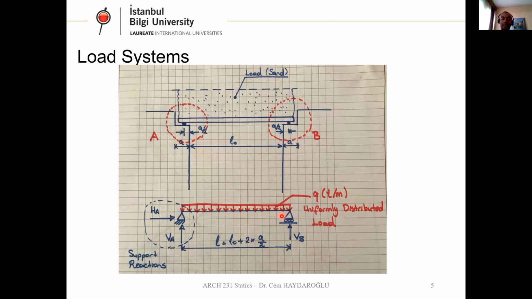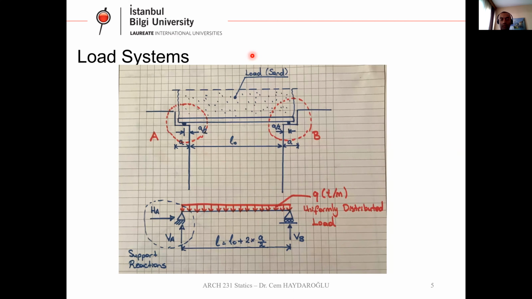You can see here at the bottom side, the red part shows the uniform distributed load on top of this beam.